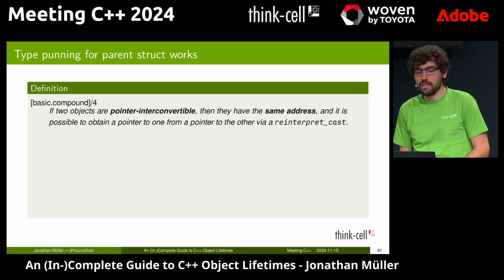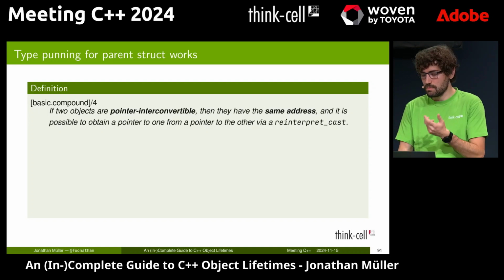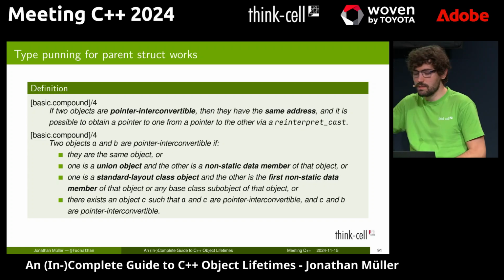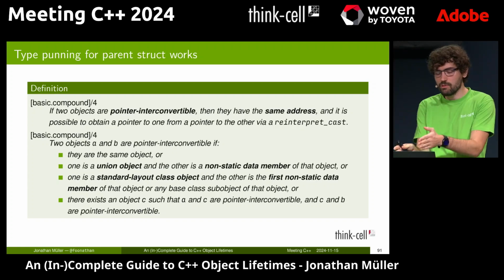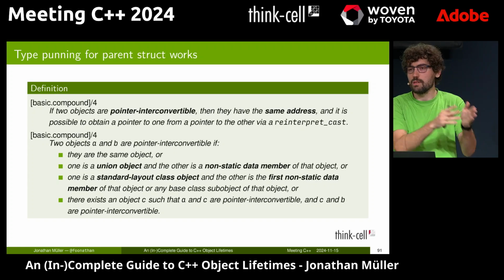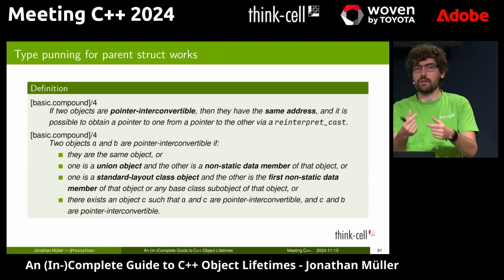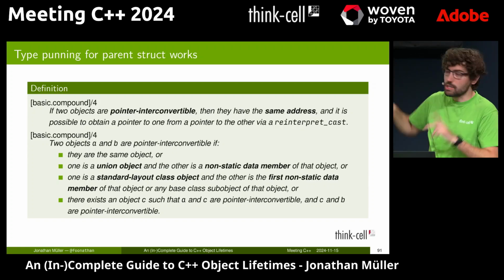So formally, two objects are pointer-interconvertible if they have the same address and you can use reinterpret_cast. They are pointer-interconvertible if they're the same object. Also, if they are a union object and one is a member, so from a union member you can go to the union, and from a union you can go to any union member, but you can't go from one union member to the other union member, you have to go by the union first. Oh, no, never mind, it's transitive. Sorry.